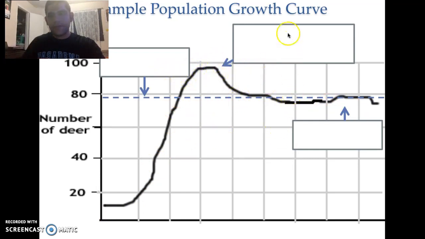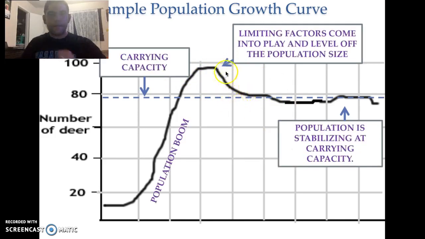So you have to remember what these lines and points here mean, and have them right here for you. So in your notes, make sure that you write these things down. The carrying capacity is going to be that point where the population is going to reach its maximum number of organisms, and that's where it can be sustainable.